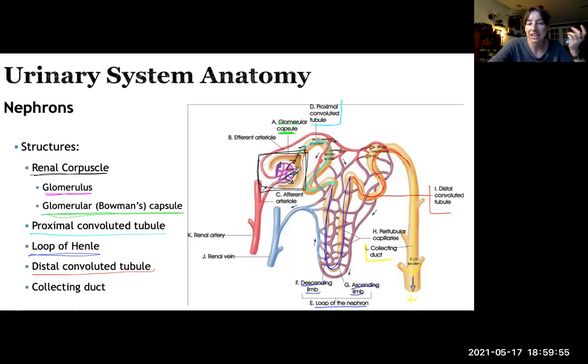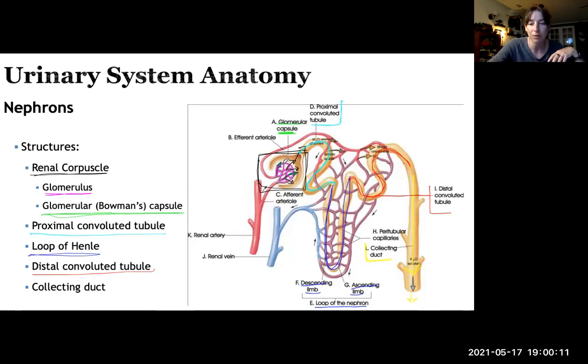It is going into a very, very small capillary structure, but the blood inside of it is still oxygenated because we're not dealing in gas exchange here. We're just dealing in filtration of the plasma for other things, for larger molecules, right?